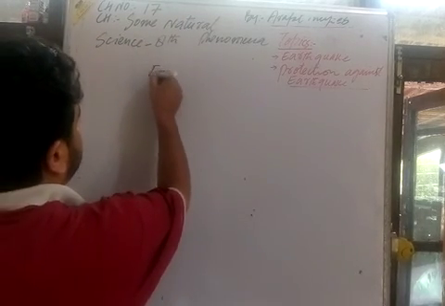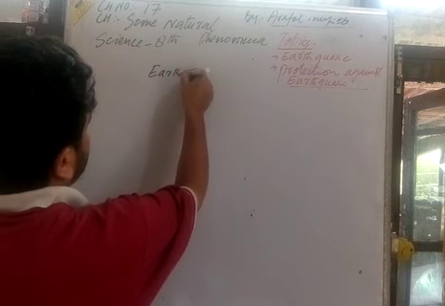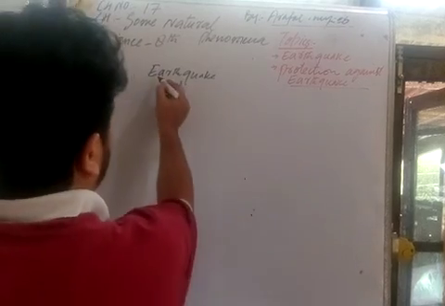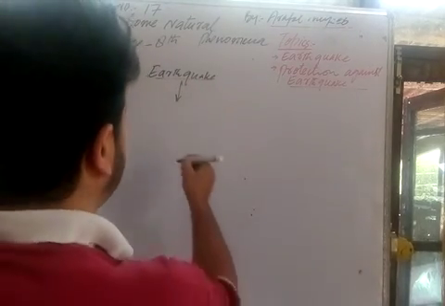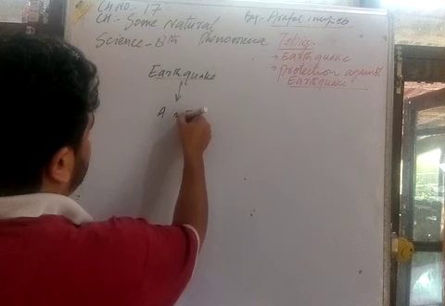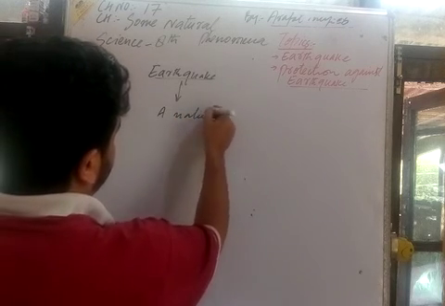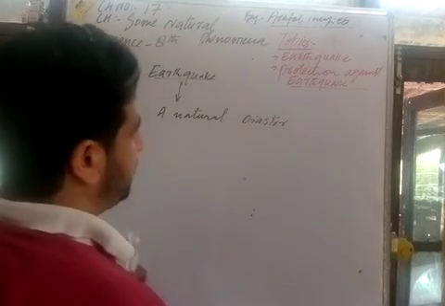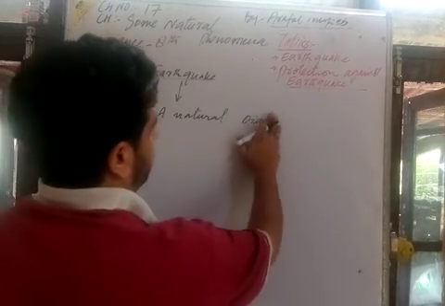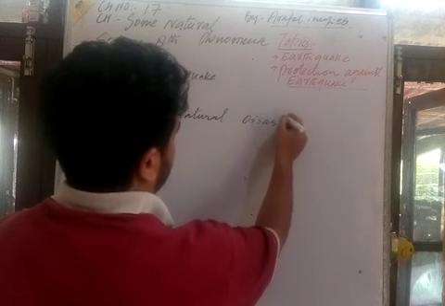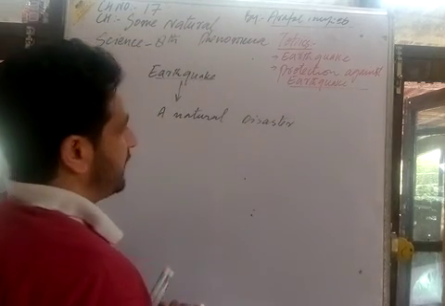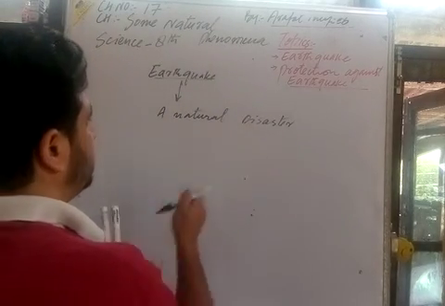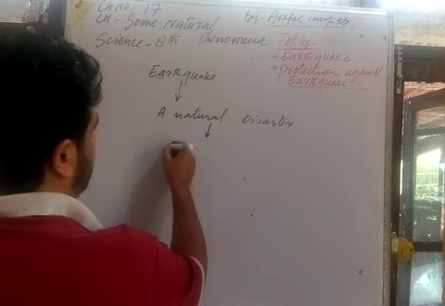Earthquake क्या होता है? What do you mean by earthquake? How we can define the earthquake? I will tell you that it is a natural disaster. ये एक नेचुरल डिजास्टर है जिसमें क्या होता है, earth is shaking.